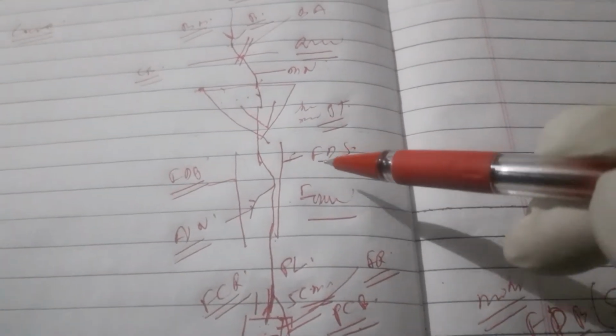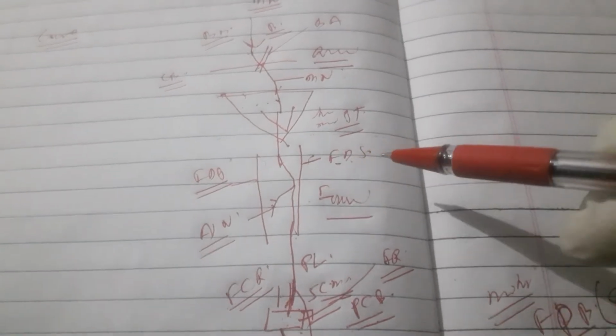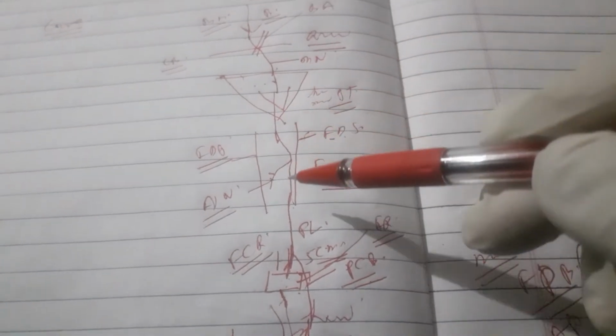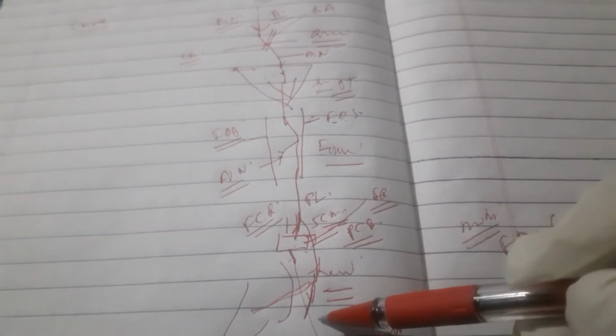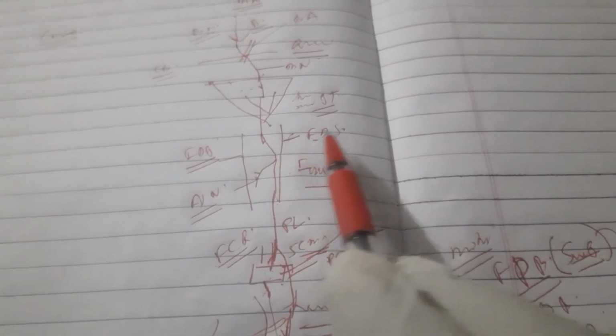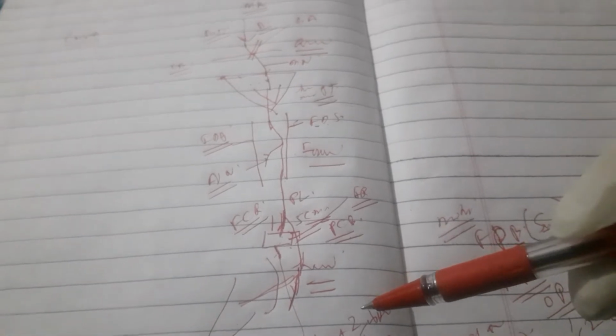Now come to flexor digitorum superficialis. What does it do? It goes up to the middle phalanx. There is only one tendon going to the thumb, the flexor pollicis longus, but the rest of the fingers are supplied by flexor digitorum superficialis and flexor digitorum profundus.